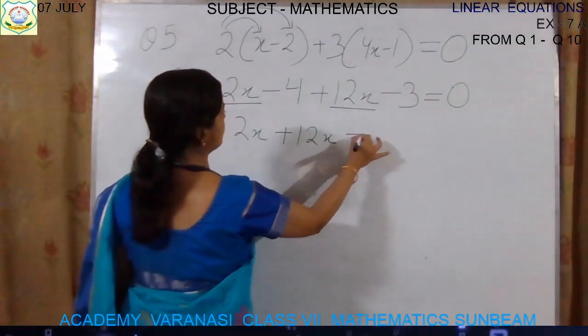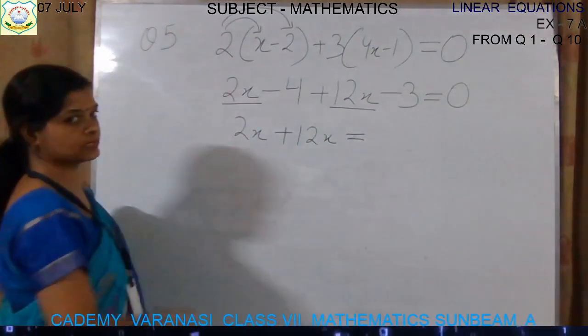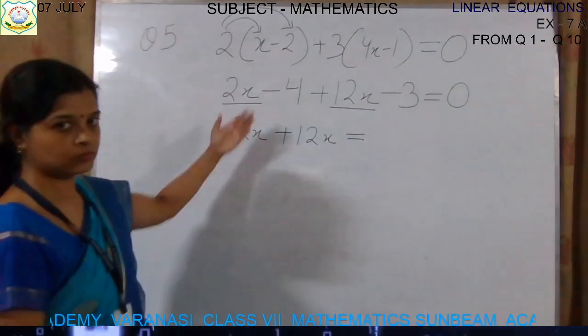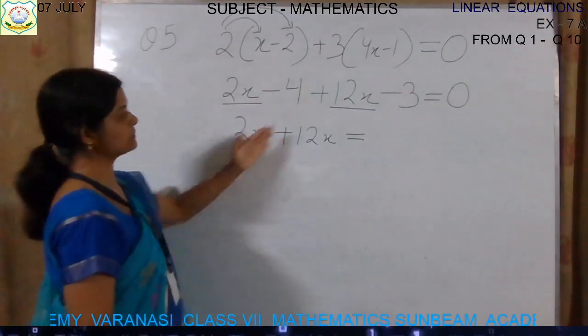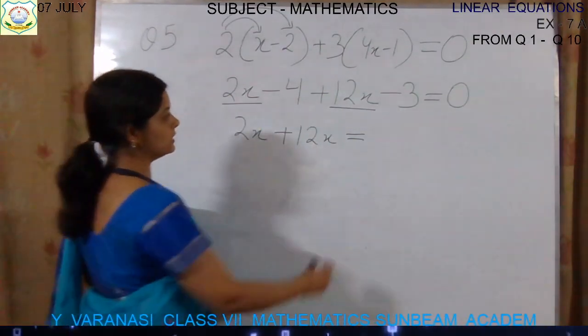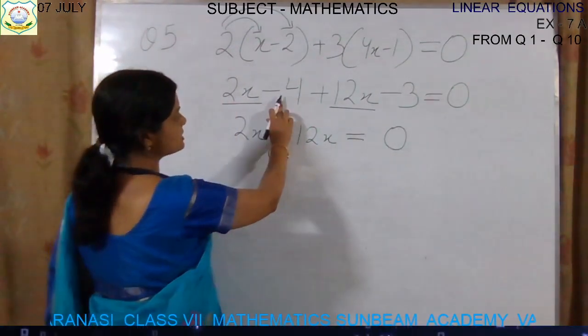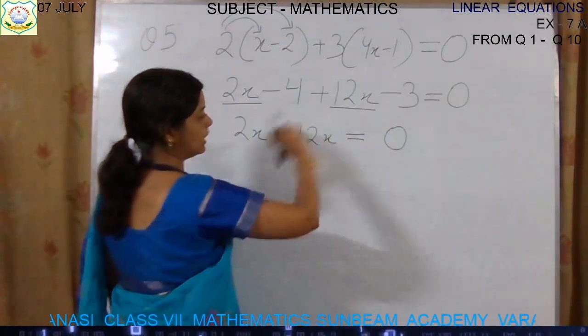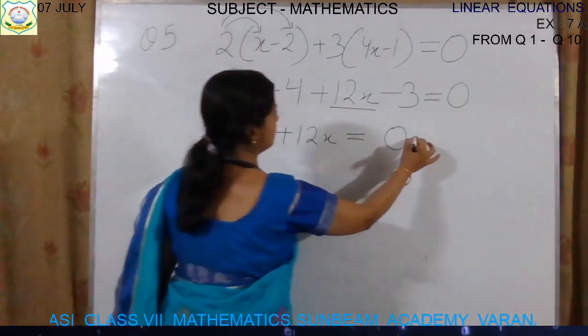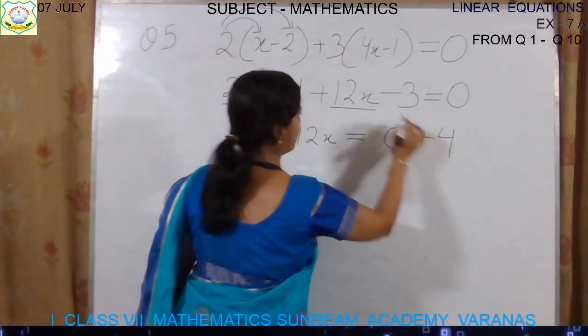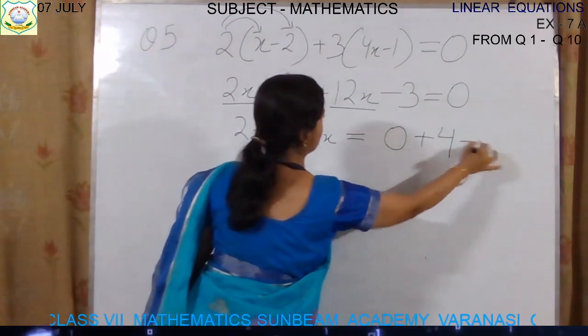It is your choice. You can keep it here or on that side. I am choosing to keep it here. 2x plus 12x is equal to, on that side 0 is there. Okay. When -4 will transpose to RHS, -4 will become +4 and -3 will become +3.